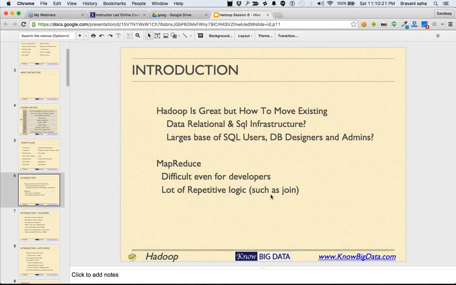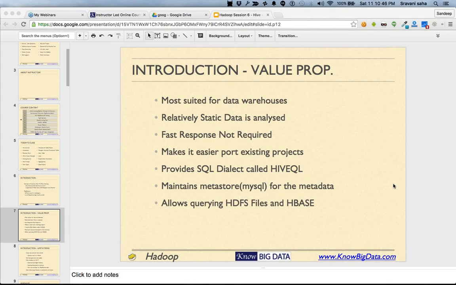So Hadoop is great, and MapReduce is great, and Pig is great, but there are many existing users who are experts at SQL, as well as they have a lot of their infrastructure in SQL. How can you move everybody into MapReduce or Pig Latin in one fine day? You can't.